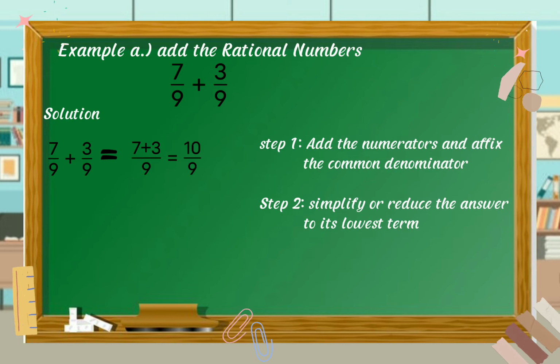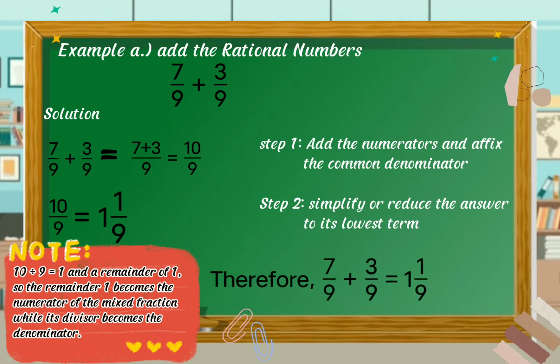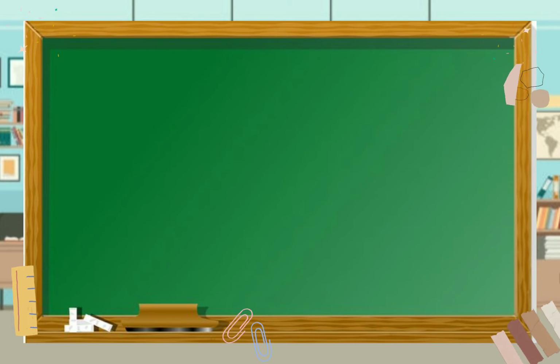So if we reduce 10 over 9 to its lowest term, we can have 1 and 1/9 as its answer. Therefore, 7 over 9 plus 3 over 9 is equal to 1 and 1/9. It's so easy, right? Now, let's proceed to the other example.